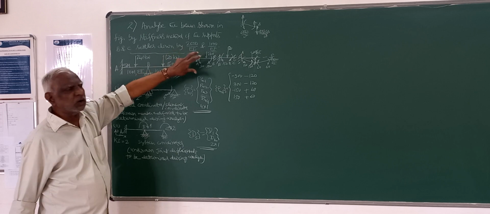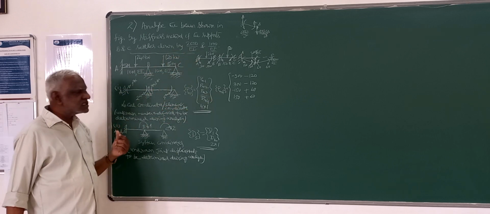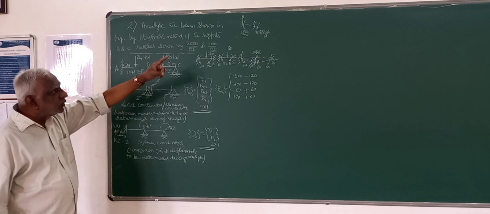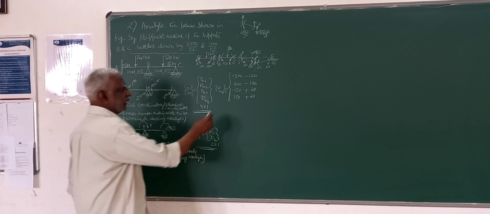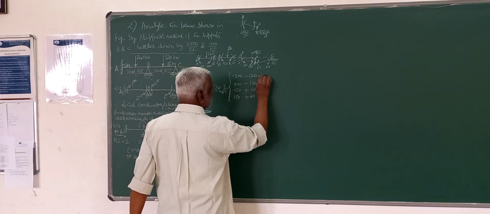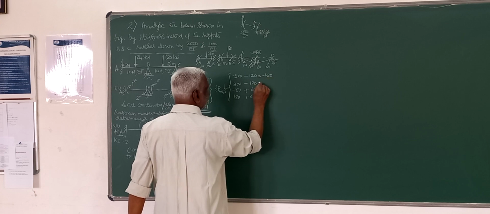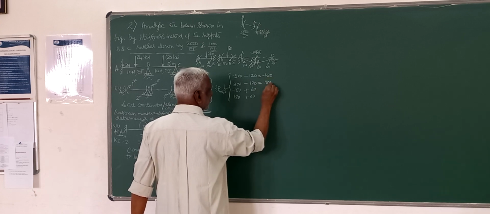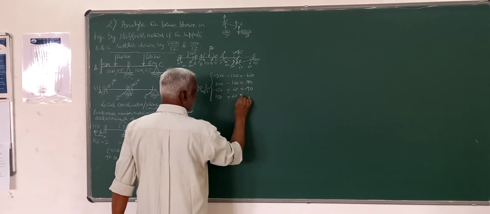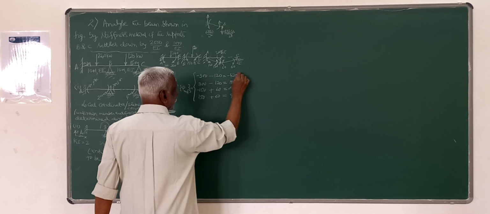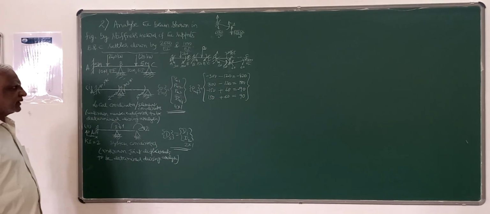Whenever settlement of support is given, you have to calculate the corresponding fixed end moments due to settlement in addition to the external loading. So the total fixed end actions will be minus 420, here plus 180, here minus 90, here plus 90. That is your PMF, that also you can keep.